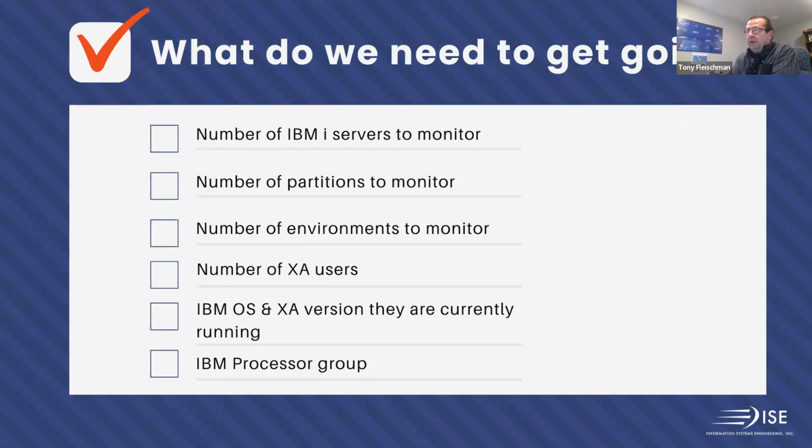What do we need to get started? This is a quick checklist. Within about an hour on your system, working with someone at your company, we can quickly understand the number of IBM servers to monitor, the number of partitions, the number of environments, the number of users, what version of the operating system and Infor XA, if you're running Infor XA, and also your processor group.